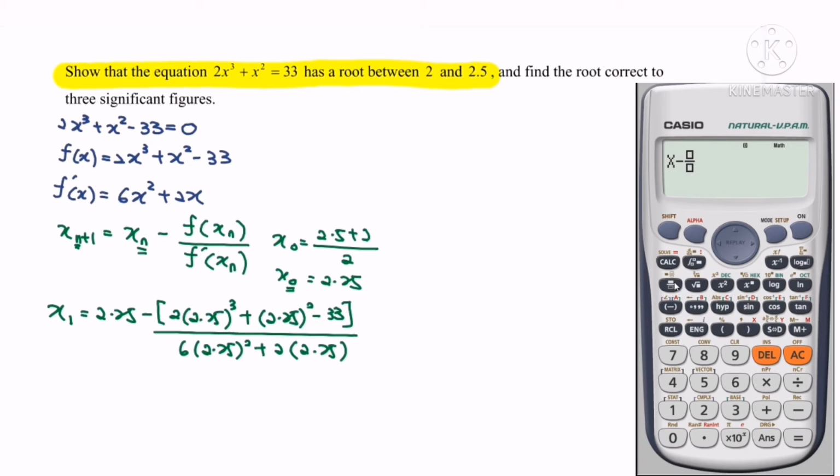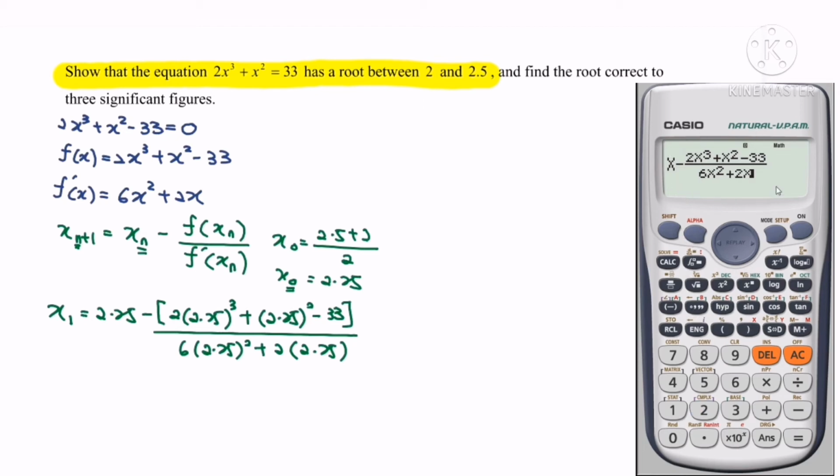So kindly key in the formula f(x): 2 alpha x to the power of 3 plus alpha x squared minus 33 over, kindly key in the formula f prime x, where we have 6 alpha x squared plus 2 alpha x.